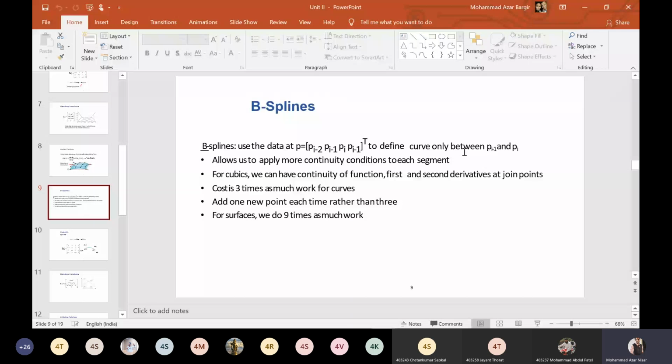B-spline curves are a generalized form of the Bezier curve. They are similar to the Bezier curve, but the only difference is that the curves are defined with the help of a characteristic polygon.